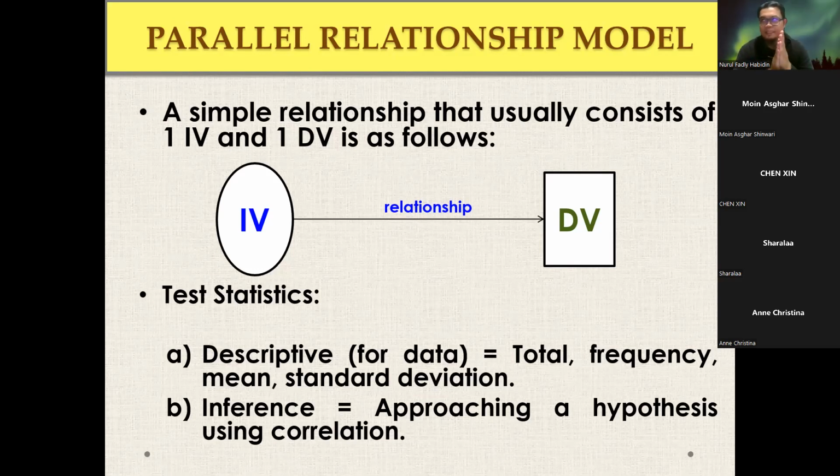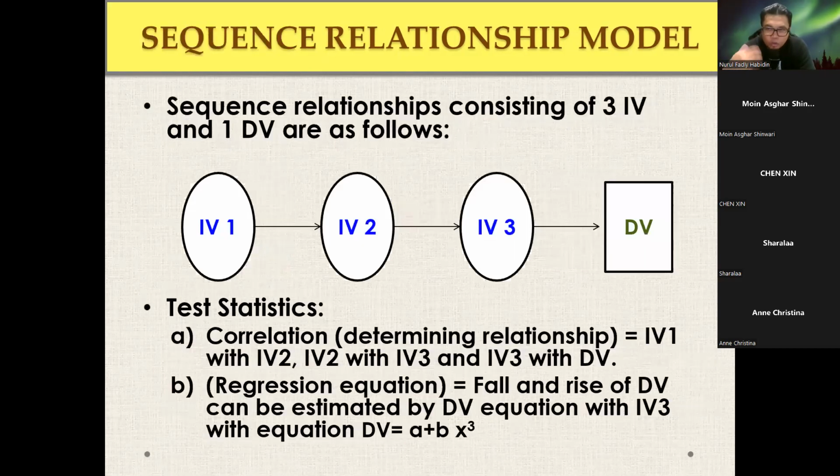For example, your objective number 1 is to examine or to determine the relationship between A and B. Okay, we go to another one that we call the sequential relationship. Here we have IV1, IV2, and IV3.